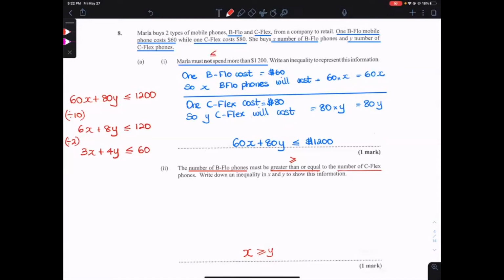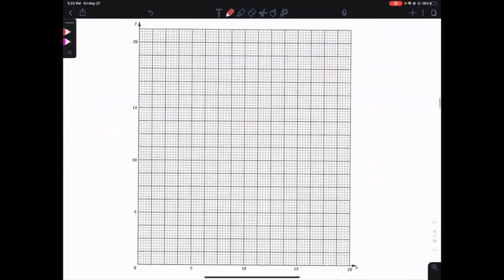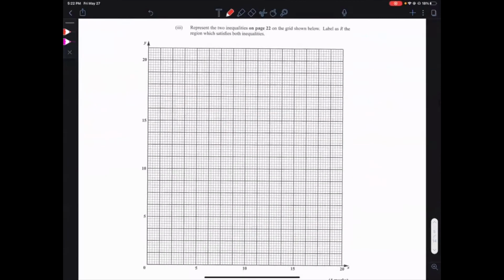Do you all have that? All right, so we're going again. Now we're going to get our graph paper and draw the graph because we need to understand what's going on. There was an error by CXC for this question. 20 is supposed to be here because we have 1, 2, 3, 4 blocks and then 5, but here we have 1, 2, 3, 4.